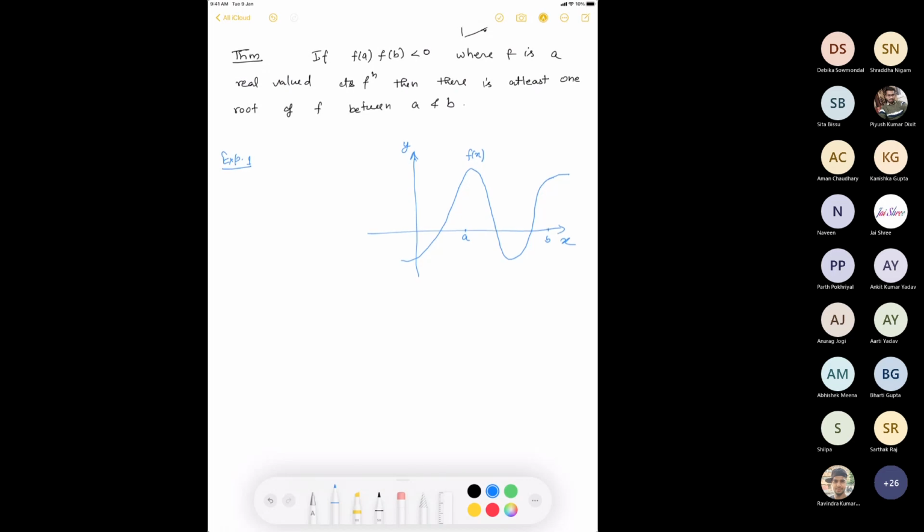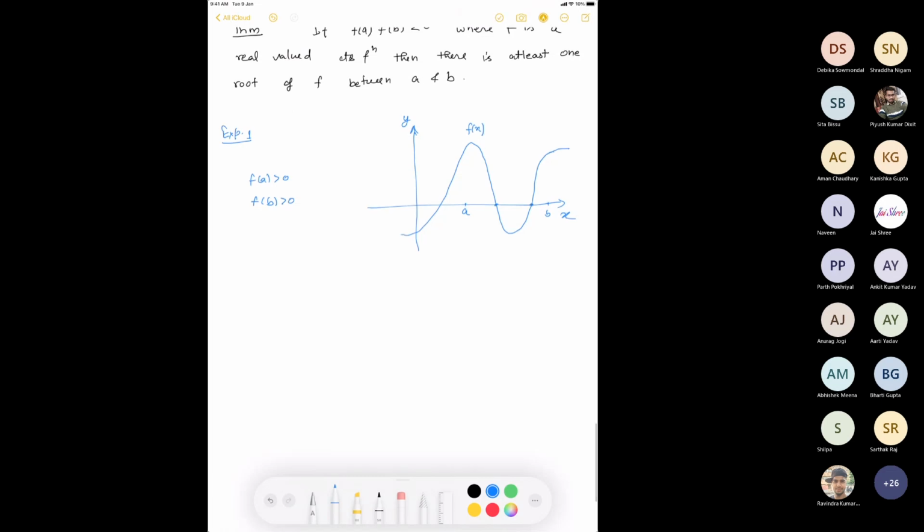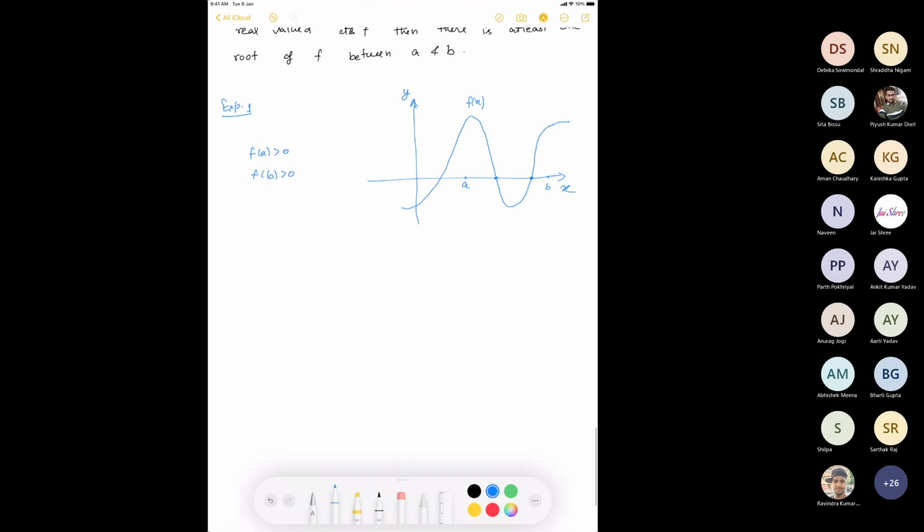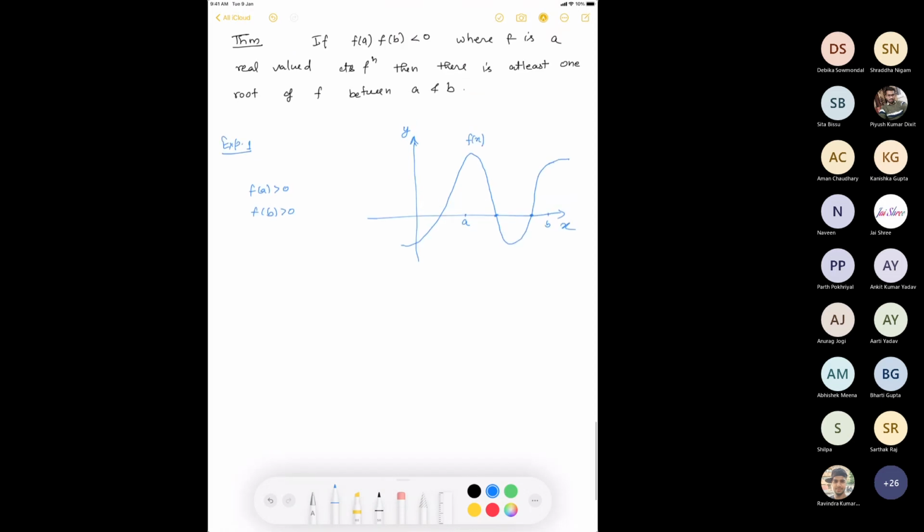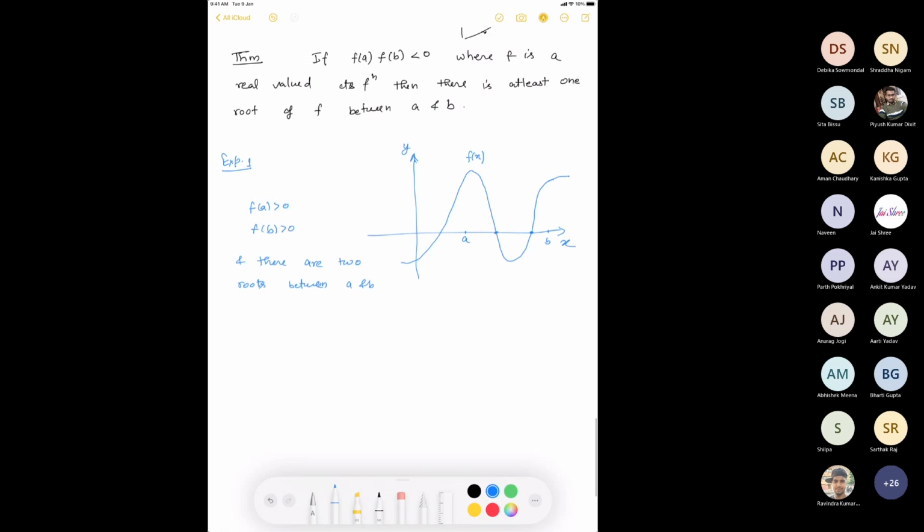You can see in this graph, f(a) is positive, f(b) is also positive, but there lie two roots in the interval [a, b]. Two roots between a and b.